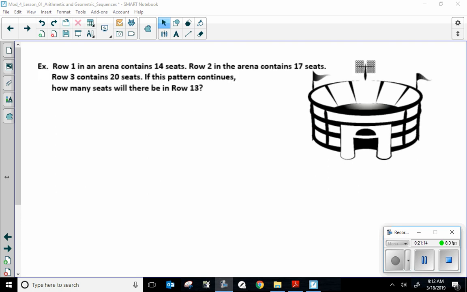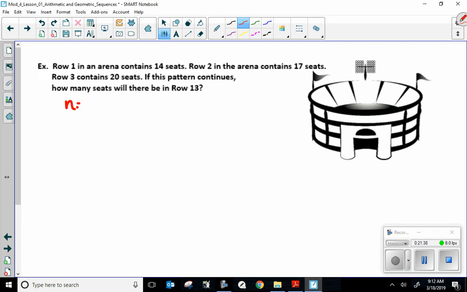Example, whatever this number example is. Row 1 in an arena contains 14 seats. Row 2 in the arena contains 17 seats. Row 3 contains 20 seats. If this pattern continues, how many seats will there be in row 13? Well, let me see.